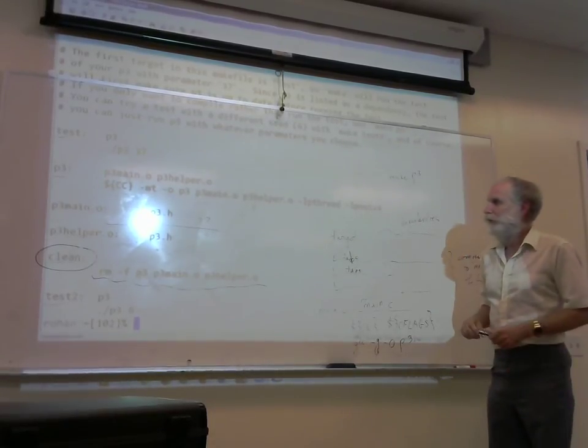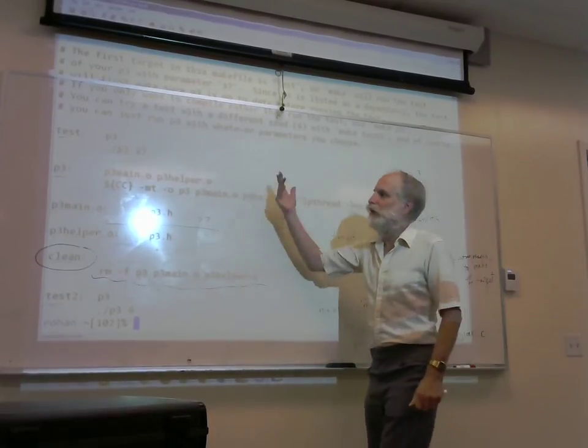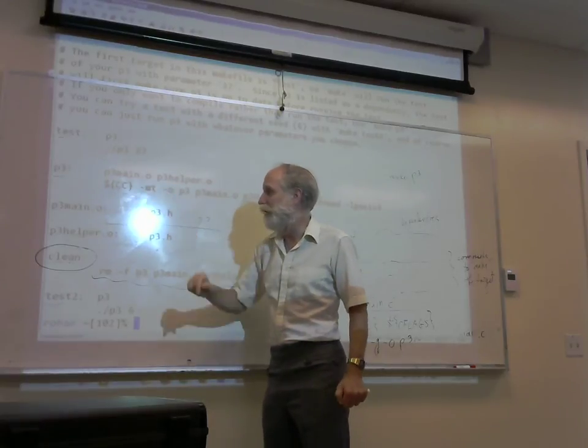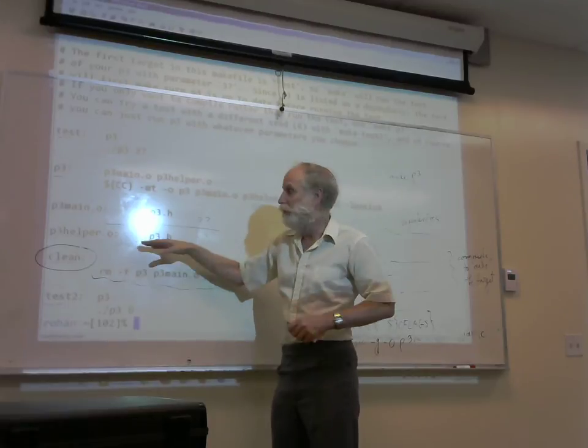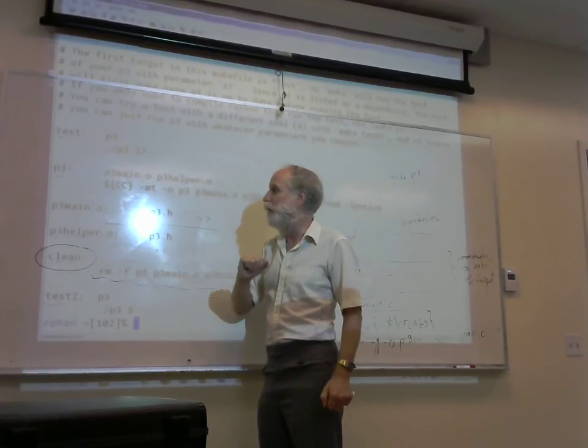Now, notice that if we did not change, say, Q3helper.c, but only changed Q3name.c, we would discover that this .o file is fine. It's got a timestamp younger than the .c file, so I'm going to leave that alone.